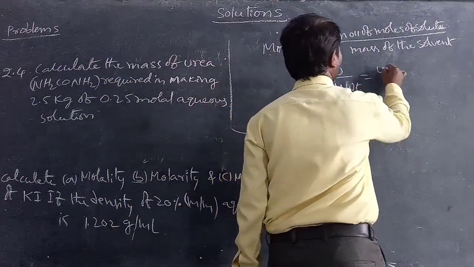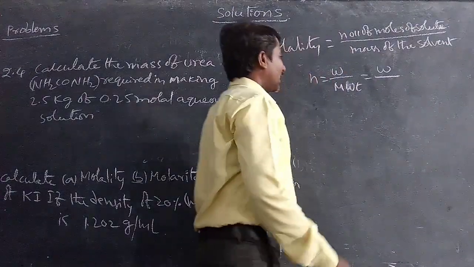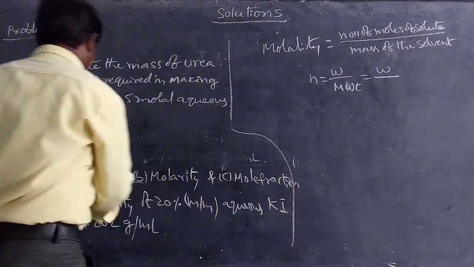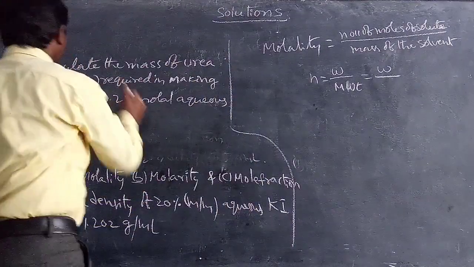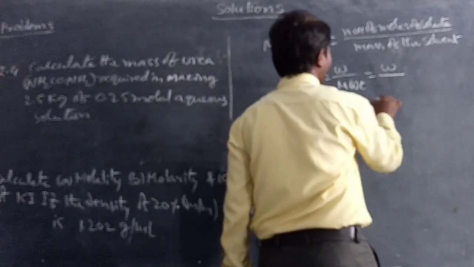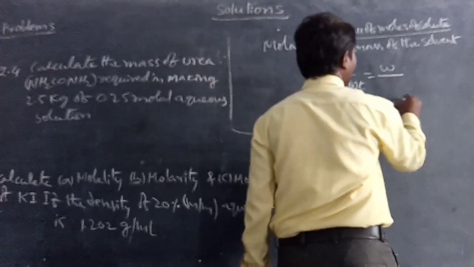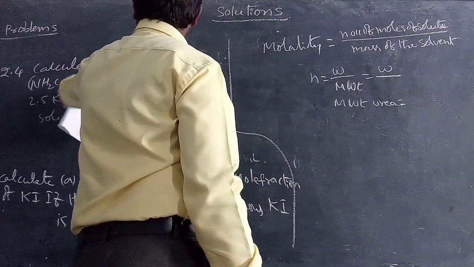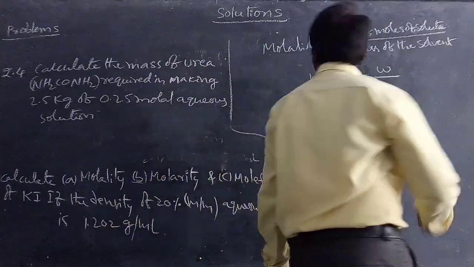So weight we don't know. Then the molecular weight of urea: what is the formula? NH2CONH2.